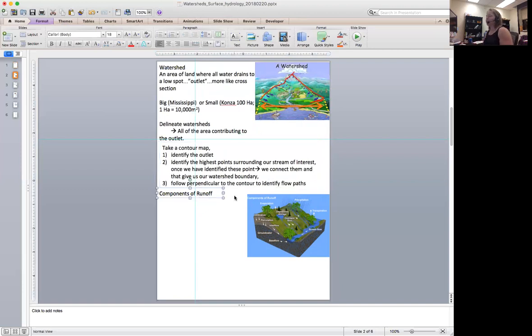Now, when we're thinking about all the water that drains off of any given watershed, a small watershed or a big watershed, we can think about those components in terms of the speed at which they go. We can have several different components that are contributing.